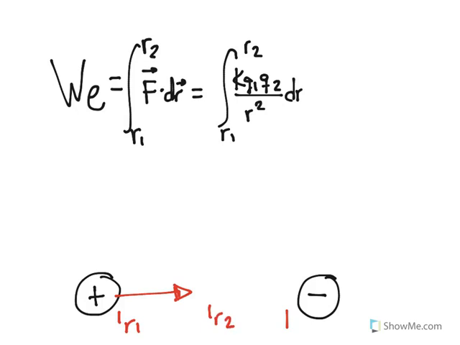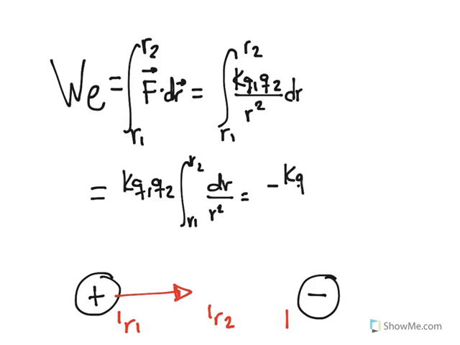And this work is given, for instance, well, the constants can go out from the integral, and we're going to have this integral, right? And this is going to be equal to minus k q1 q2 over r evaluated from r1 to r2.